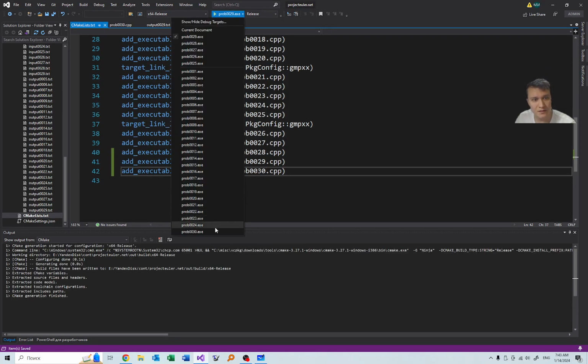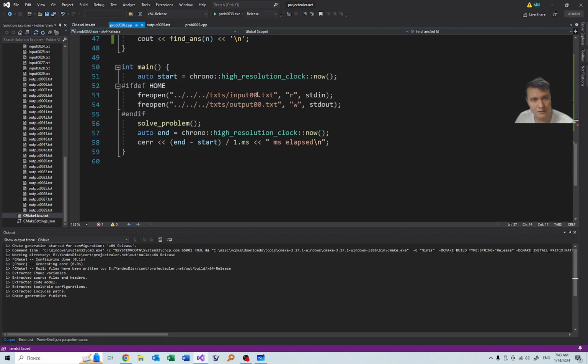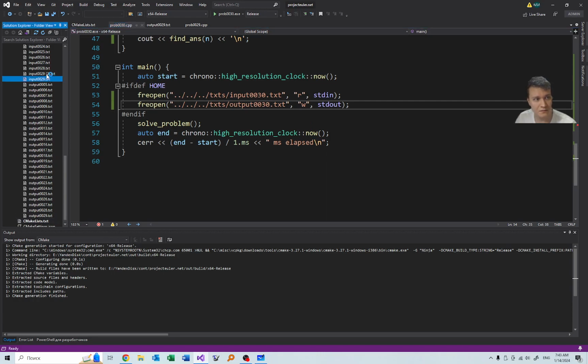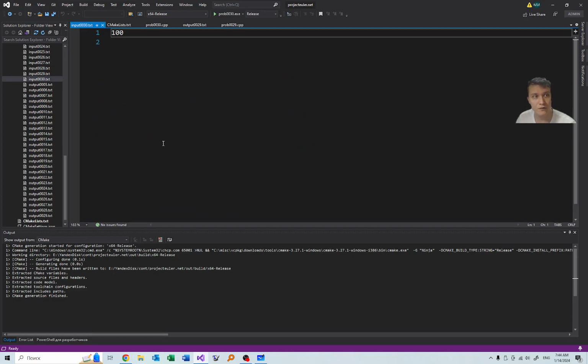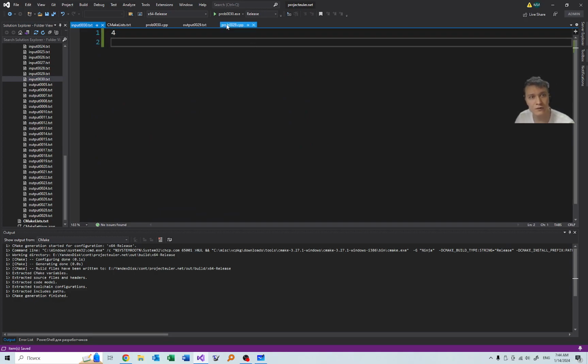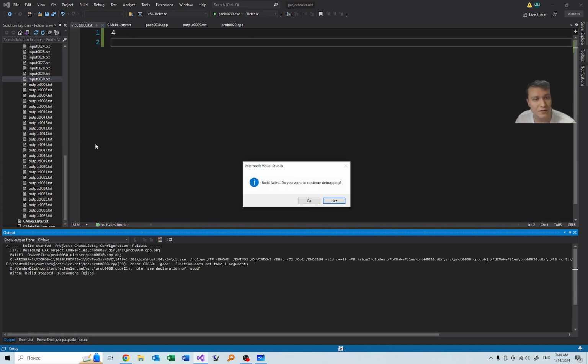We need to switch to this target. We need to rename our files, and we need to create a new file which stores number 4. For now it's 4. Let's look at the answer to that.